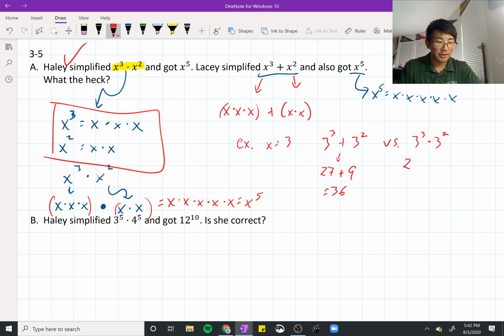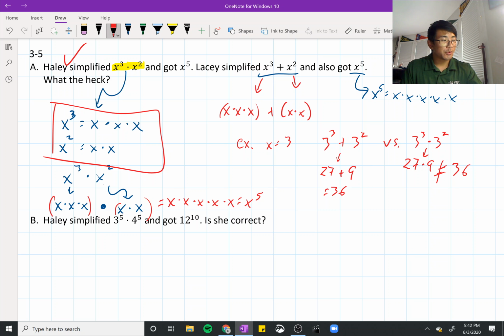Whereas over here, we have 27 times 9, which is beyond the point of the video. My mental math is struggling a little bit, but it's definitely not equal to 36. Right? So they're very different.